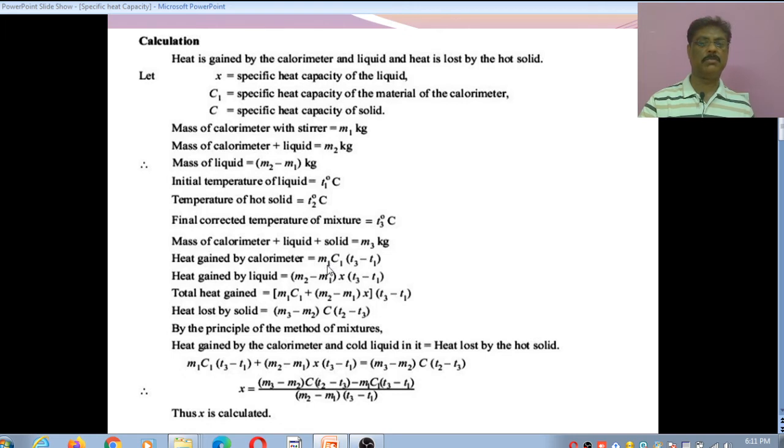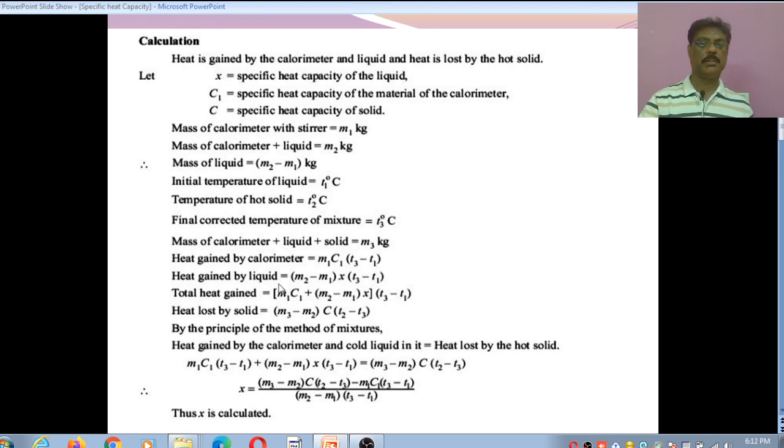M1 is the mass of the calorimeter, C1 is the specific heat of the calorimeter, T3 is the temperature of the mixture, and T1 is the temperature of the given liquid. So the heat gained by the calorimeter is M1 into C1 into T3 minus T1. This is the heat gained by only the calorimeter.